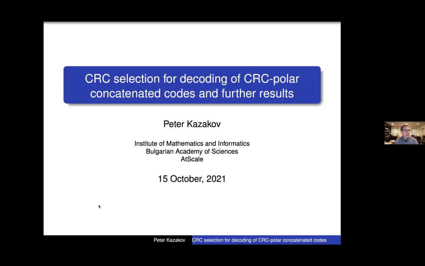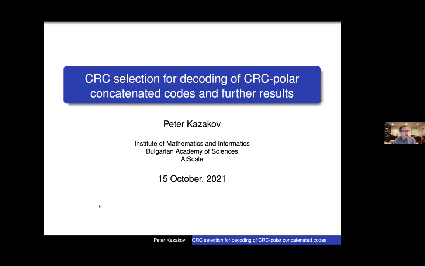Today we're really excited to have Peter Kazakov, who's going to be speaking to us from Sofia. He's working at the Institute of Mathematics and Informatics at the Bulgarian Academy of Sciences, along with Sanka, and they've been designing some CRCs specifically for polar codes. We got really interested in their work when we were comparing convolutional codes with CRCs to polar codes with CRCs, both under list decoding.